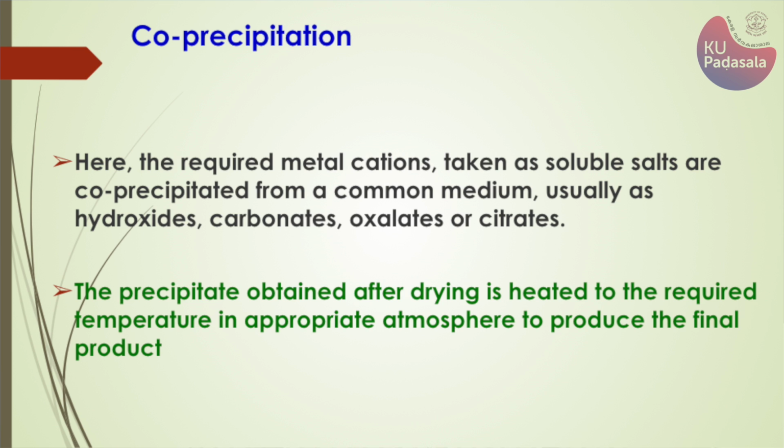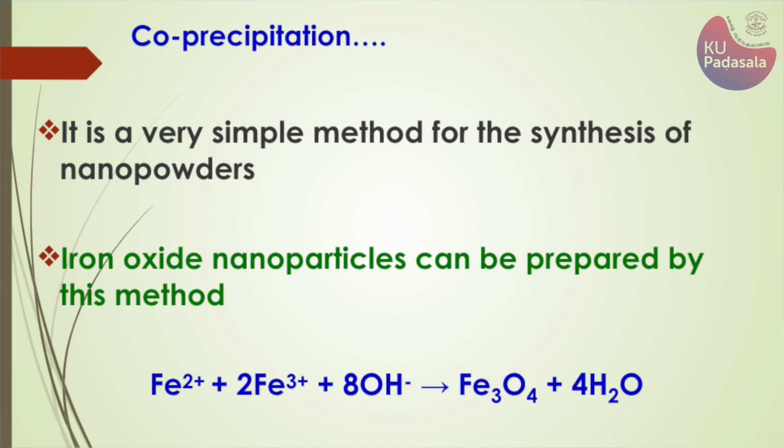The precipitate obtained after drying is heated to a suitable temperature in an appropriate atmosphere to produce final nanoparticles. The co-precipitation is a very simple method for the synthesis of nanopowders. Iron oxide nanoparticles can be very easily prepared by the co-precipitation method.